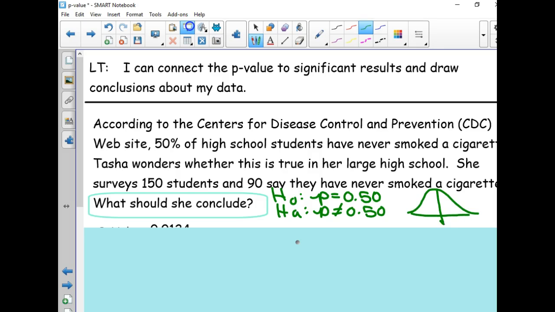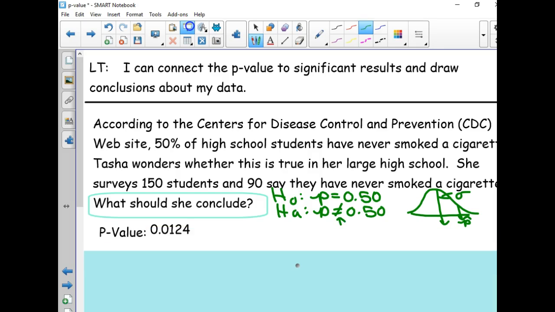We stated our center. We stated our standard deviation. We found our statistic. We calculated a z-score and we calculated a p-value. And the important thing from yesterday was we had to multiply that p-value by 2 because of this not equals here. When we did that, we got a final p-value of 0.0124.